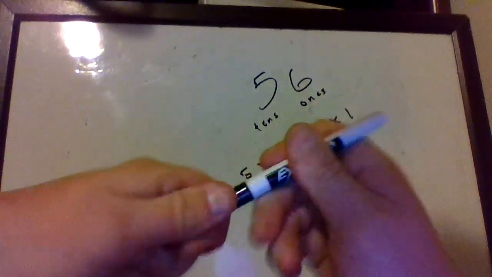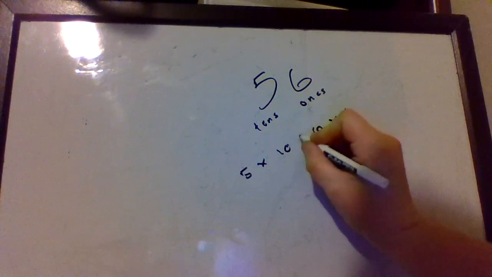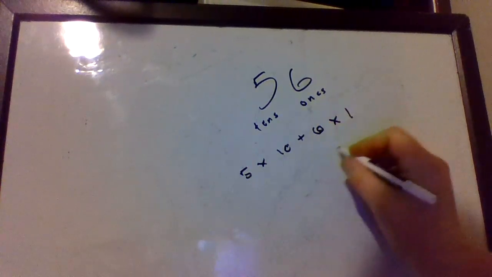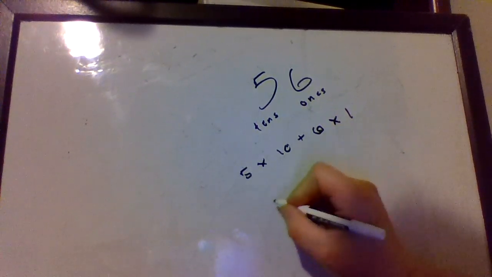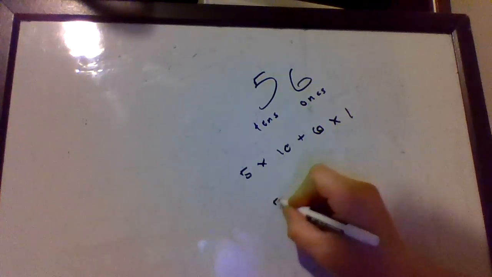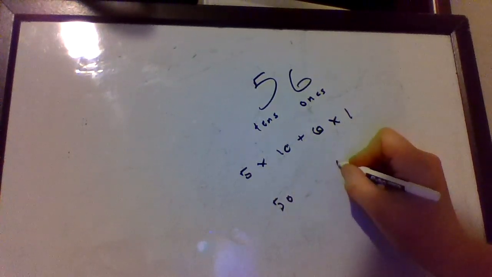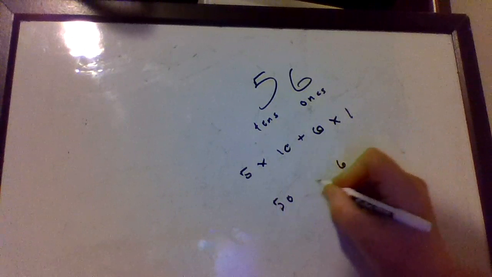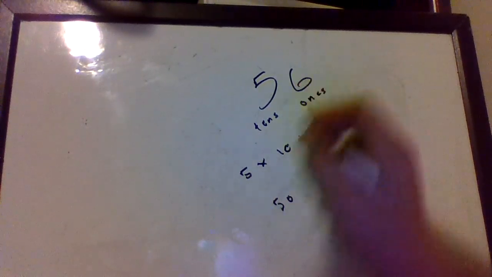Okay, so we've got 5 groups of 10 and 6 groups of 1. So 5 groups of 10 is 50, and 6 groups of 1 is 6. So you see, if you add these together, we get 56.